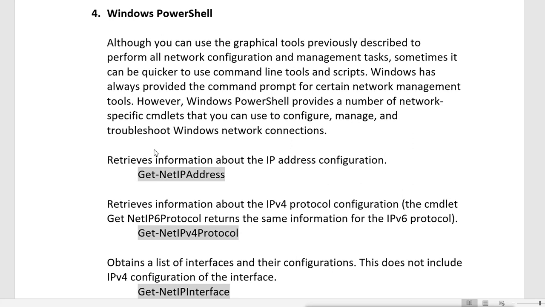Now for retrieving the information about the IP address configuration, we can use the Get-NetIPAddress command. This command will show you the interface information, current information about your network. Then you can retrieve information about the IPv4 protocol configuration.